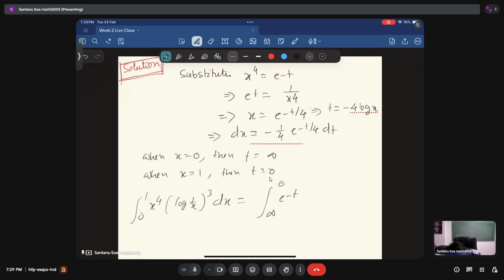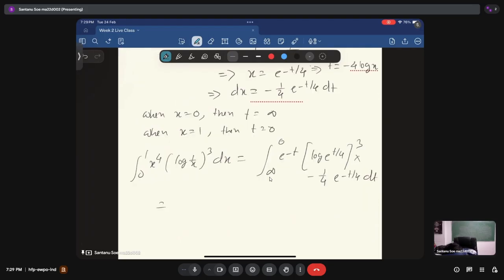So this will be e to the power minus t, log of e to the power t by 4, whole cube, and dx is minus 1 by 4 multiplied by e to the power minus t by 4 dt.